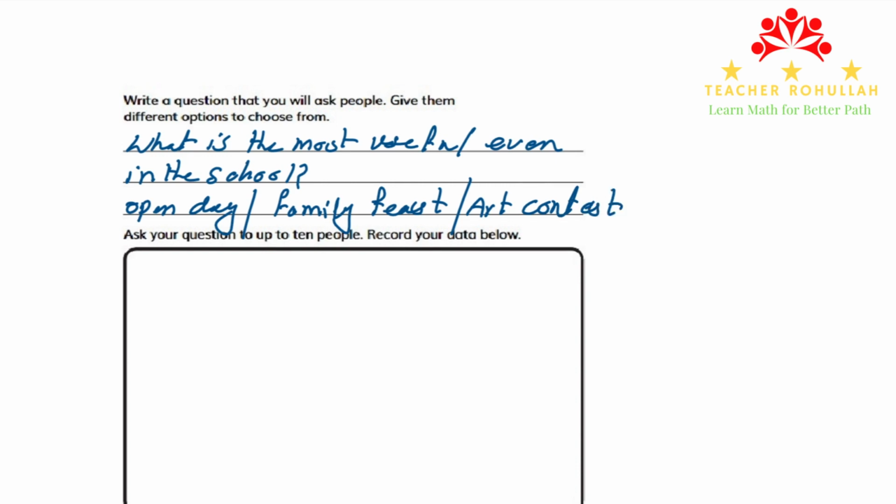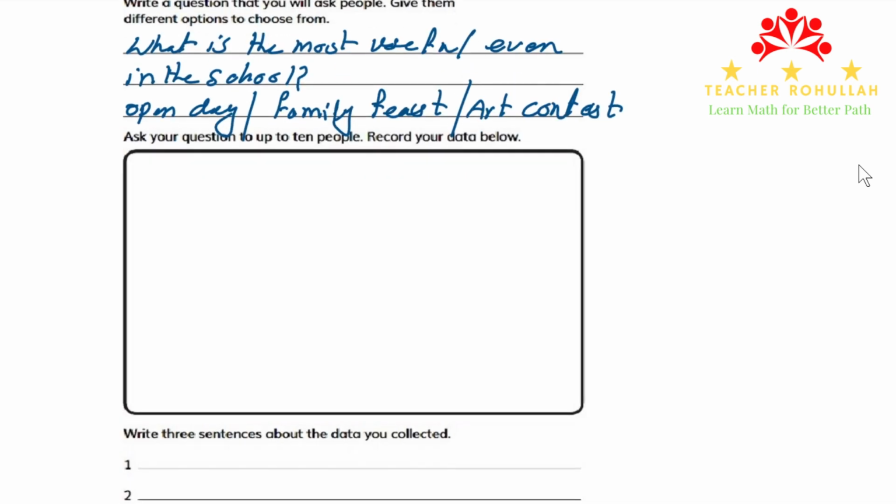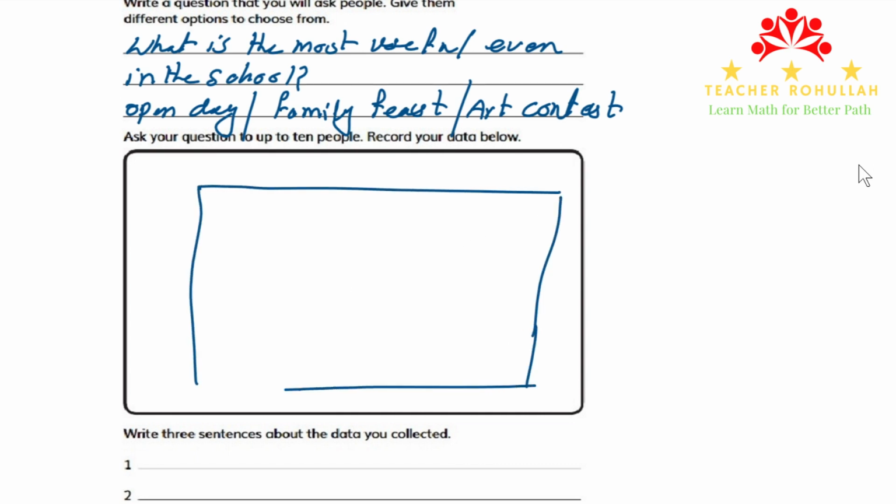Now here it says, ask your questions to up to 10 people. Record your data below. How should we record? Again, we use trolley chart and frequency table. Let me draw the chart here in this box. This is the chart. Again, I will follow the same pattern.